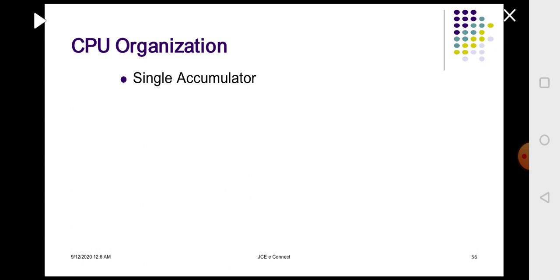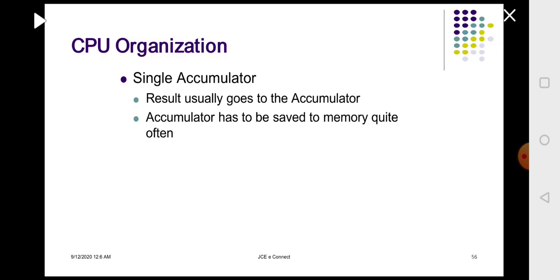So next is CPU organization. Okay, in the CPU, that is the processor, we have a special register known as the accumulator, which holds the data after arithmetic and logical instructions. It is also part of that instruction. Results are usually stored in, or go to, the accumulator.